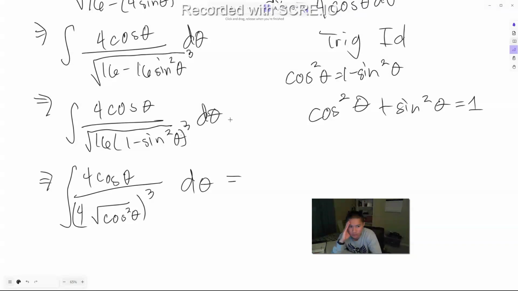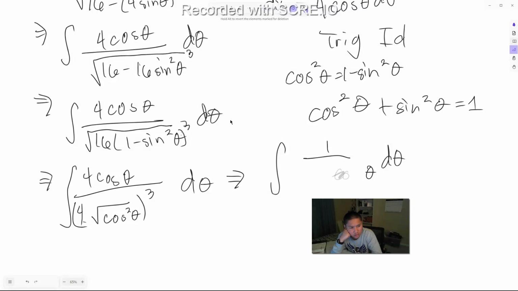So we can evaluate that to the integral of 1 over, so this is 4 cosine theta, and this is 4 cosine theta. Now that's 1 over 4 cosine theta squared, which is also equal to 16 cosine squared theta, d theta.